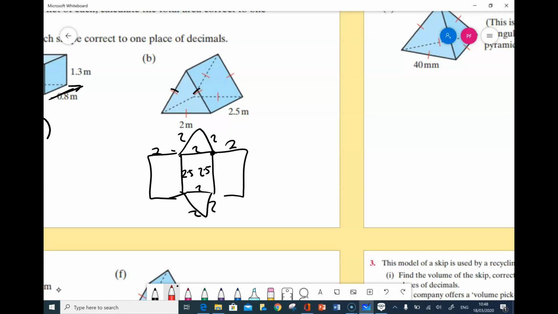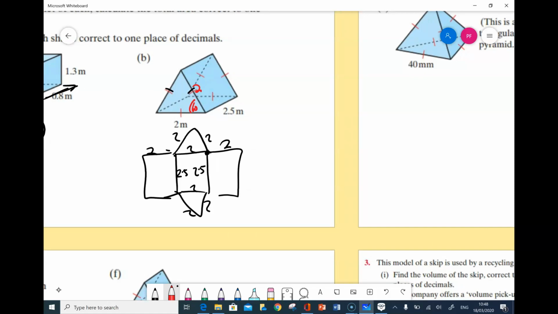Okay. So I've got all the sides. So let's find the area of this shape here. Because they're equilateral triangles, I know it's 60 degrees, and that's 2. So the area of the triangles is just going to be half AB sine C, to do it quickly.